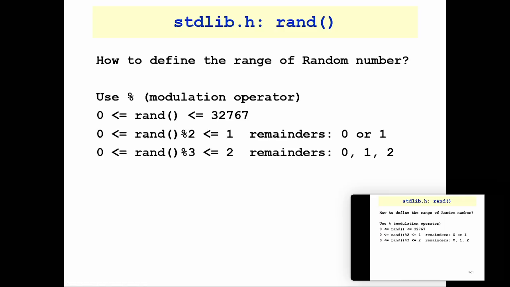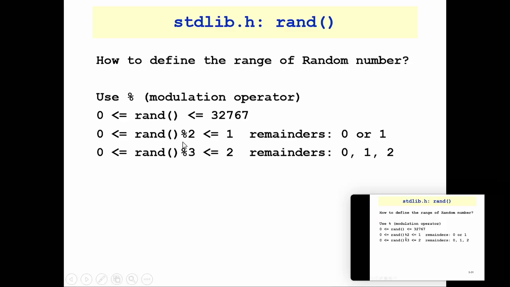Whatever integer value you have, if it is even, the outcome is 0. If it is odd, the outcome is 1. So if you use % 2, you will generate a number from 0 to 1. There are only 2 possible outcomes, whatever random number you have. Now you have learned how to confine the range of the random number using the remainder.